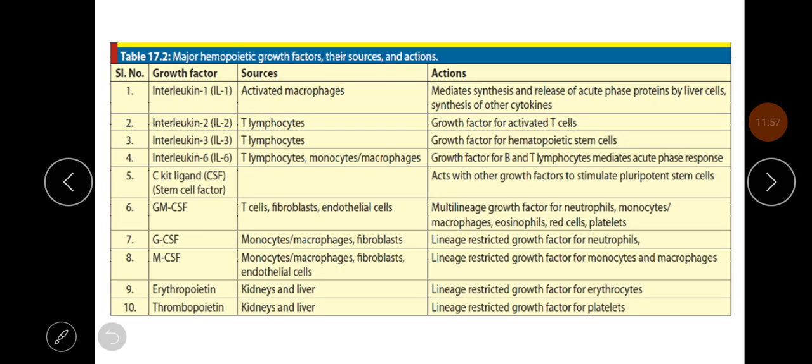So these are some of the hematopoietic growth factors: interleukin 1, 2, 3, 6, CSF, stem cell factor, GM-CSF, G-CSF, M-CSF, erythropoietin, and thrombopoietin. Most of the sources are the macrophages and lymphocytes, while erythropoietin and thrombopoietin are produced from the kidney and the liver.